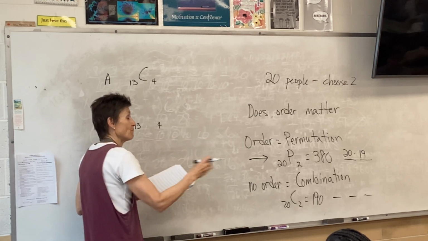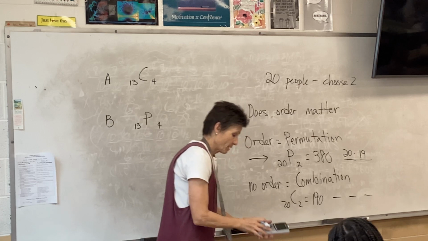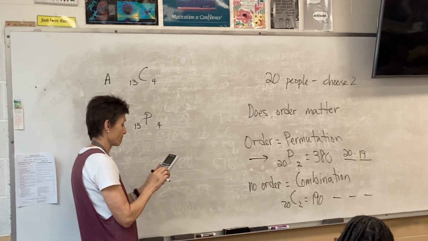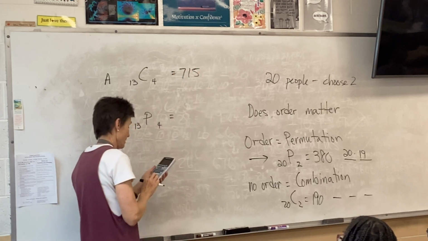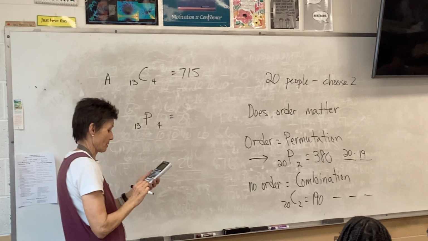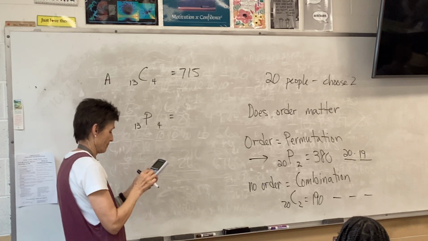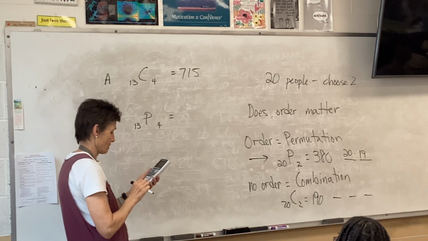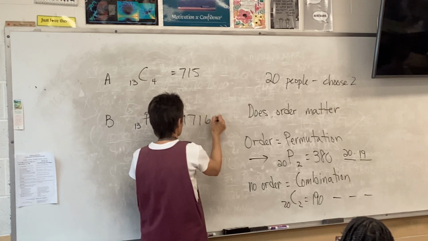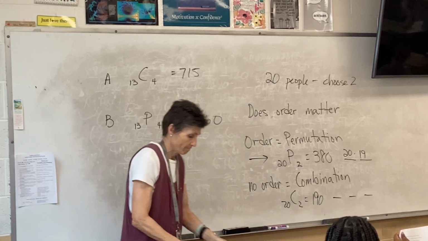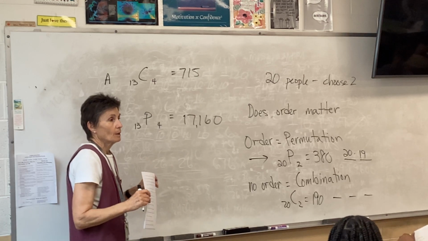If you're picking for different reasons, then you have to use your P. All right, so 13C4 is 715. And 13P4 is 17,160.